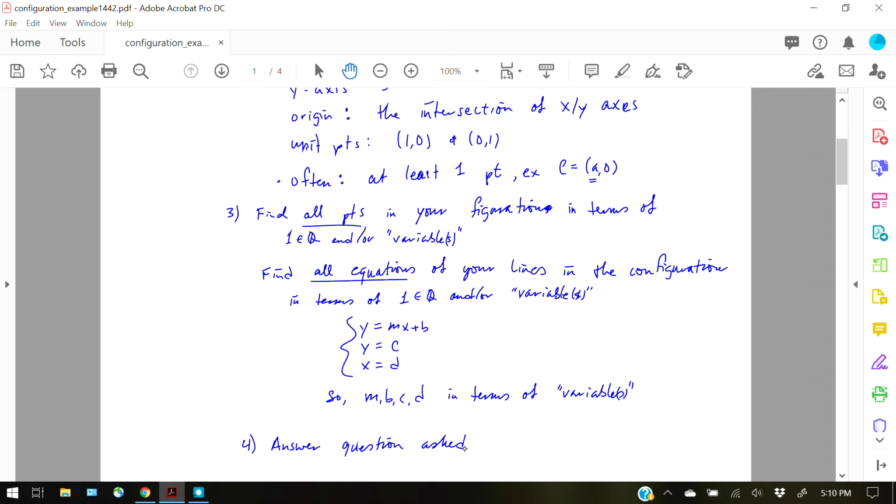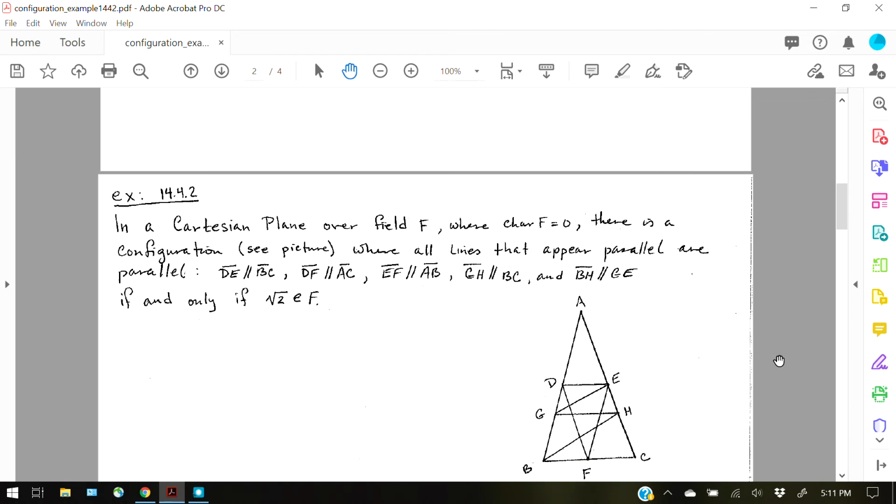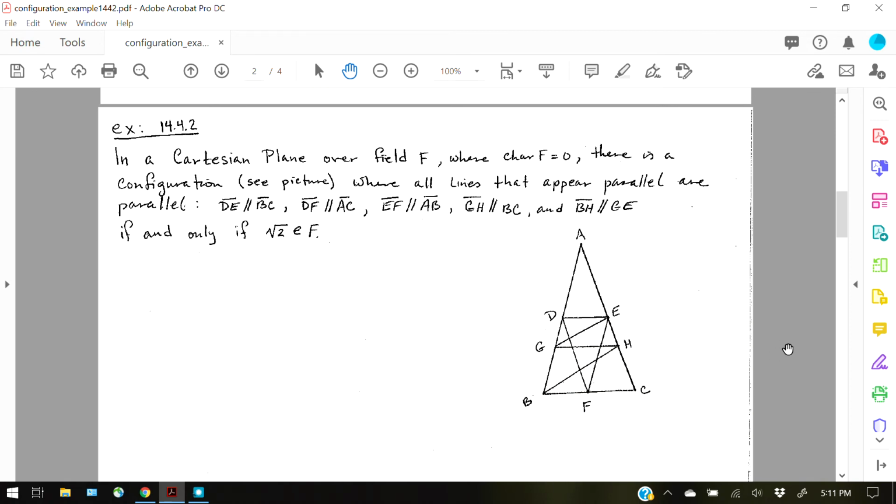So I'm only planning on going over one example in this video, and that example is this guy. So this is actually from your textbook. This is from section 14, and it says, hey, you're in some sort of Cartesian plane over some field F. So this is exactly the same as in terms of symbols, looking at this guy, capital Pi, and the subscript F. Now, we don't know what the field F is, but we do know that the characteristic of the field is 0.